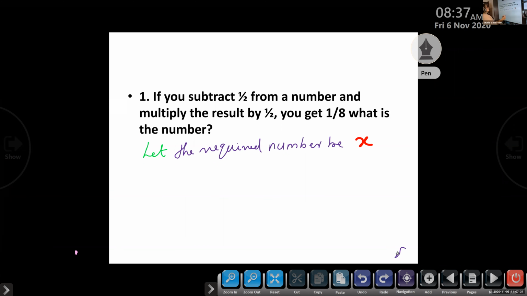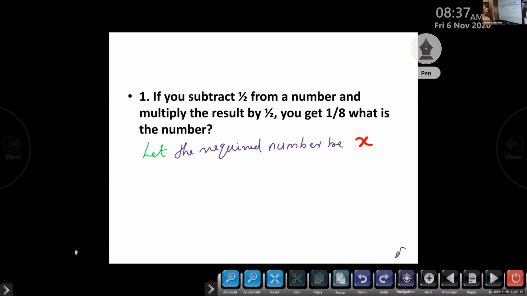Then, using the given condition, how can we write? If you subtract half from the number, we will subtract half from x and multiply the result by half. Then you will get 1 by 8.